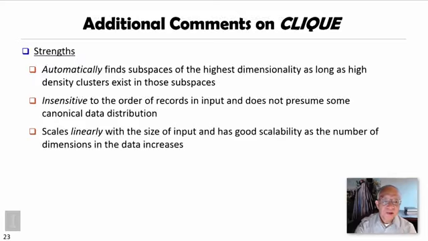So the interesting point of this method is that it automatically finds subspaces of the highest dimensionality as long as high-density clusters exist in those subspaces. Because you find 2D clusters, you try to find their intersection. If 2D forms a cluster, then in the intersection at a 3D space, you will likely be able to find clusters.